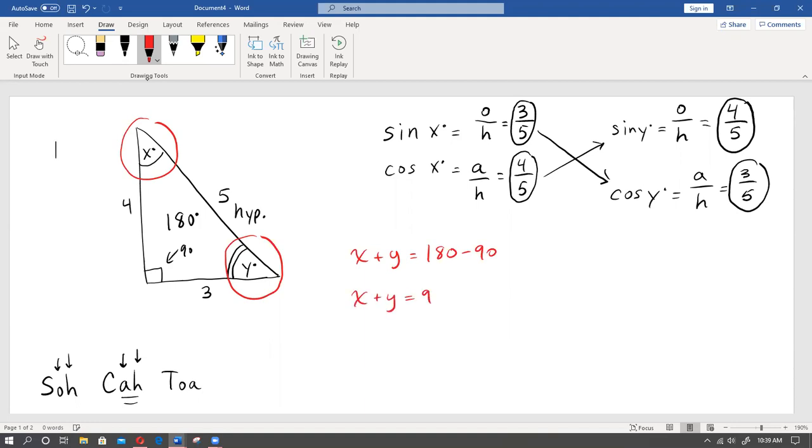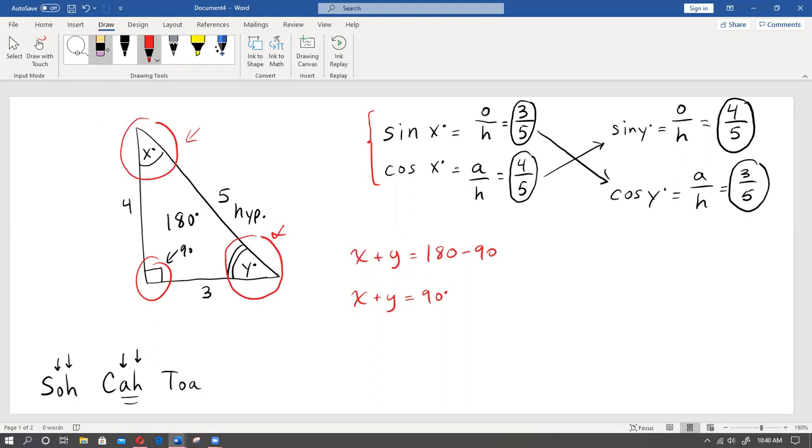So X plus Y is just 90 because we already have a 90-degree angle here. So the other two angles left have to add to 90 degrees. And what we did here, it's always going to work that way if the angles add to 90 degrees.